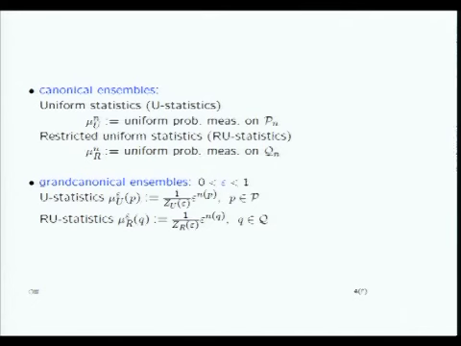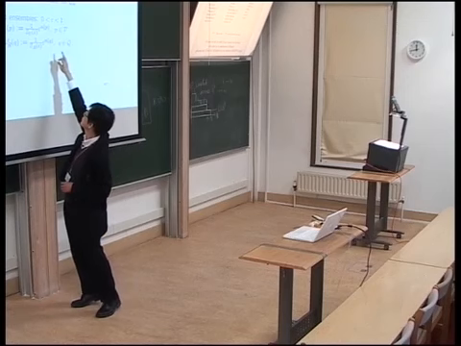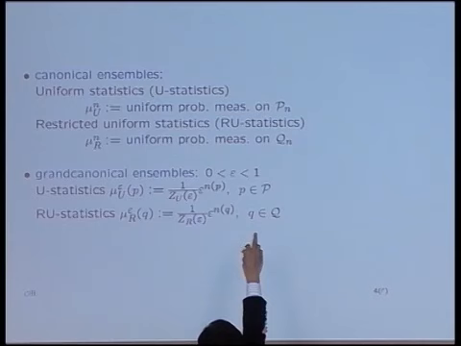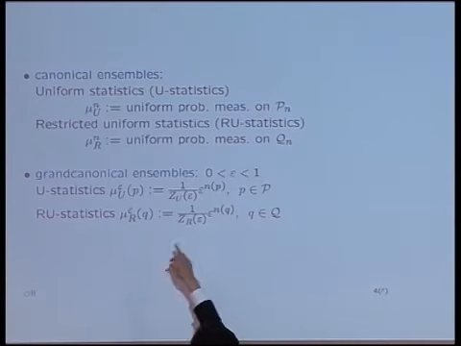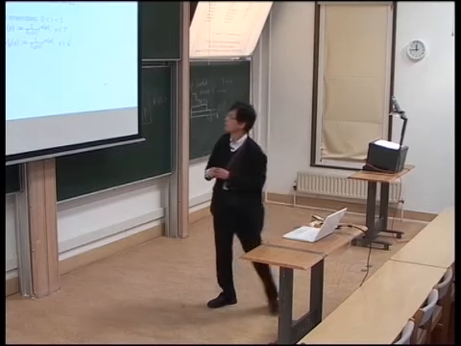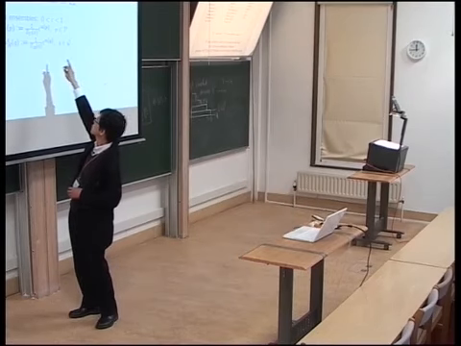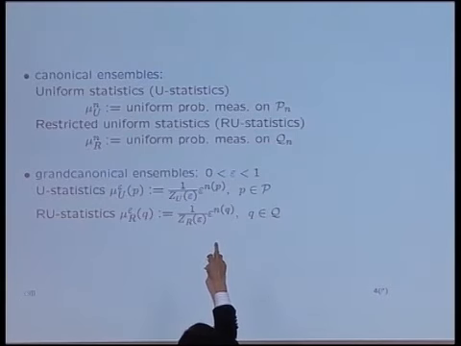For instance, for the uniform statistics, if P belongs to Pn, where n of P is the area of the Young diagram P, first I give epsilon, a parameter from 0 to 1.